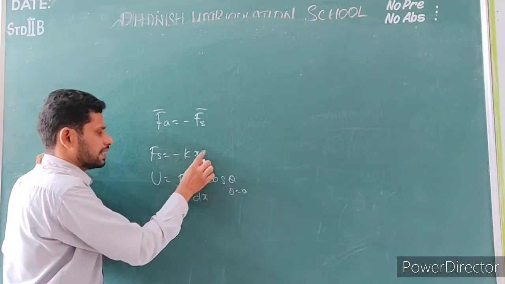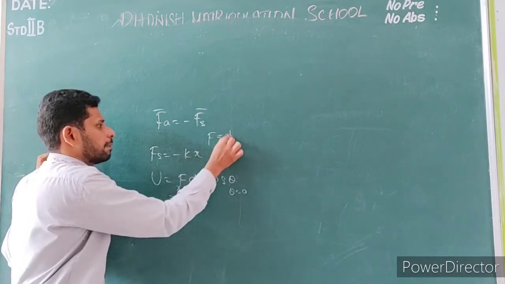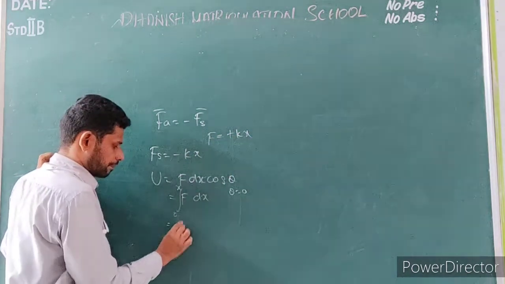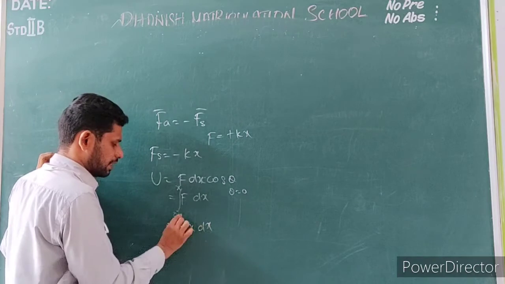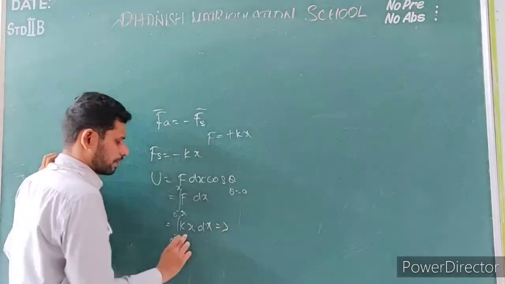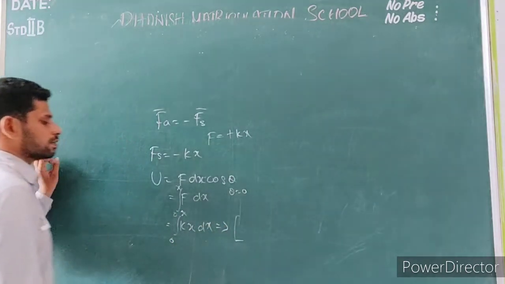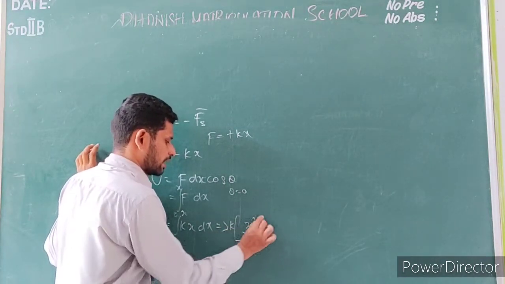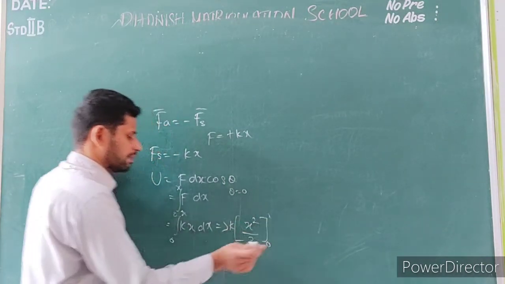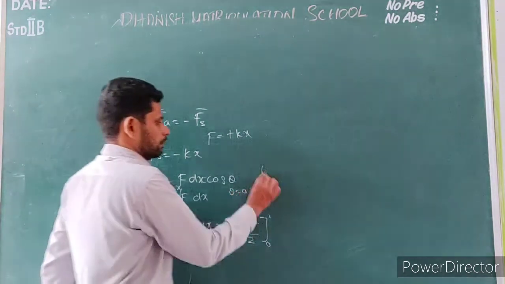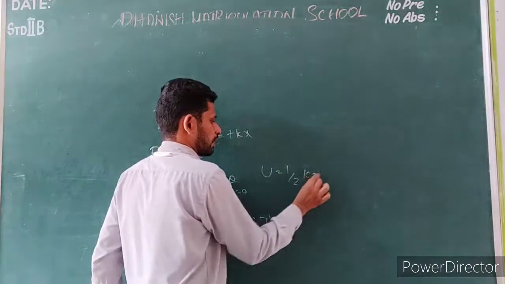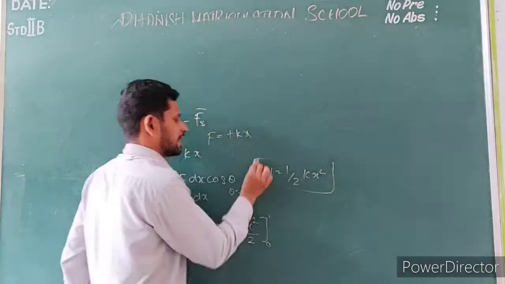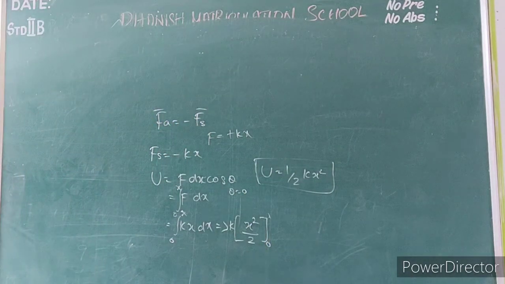Fs is equal to minus kx, or else you can take it as plus kx. So the integral of kx dx from 0 to x. When you do the integration, it becomes x squared by 2. So kx squared by 2 from 0 to x, upper limit minus lower limit, and you get U equal to 1/2 kx squared. So this is how elastic potential energy is stored in the spring.